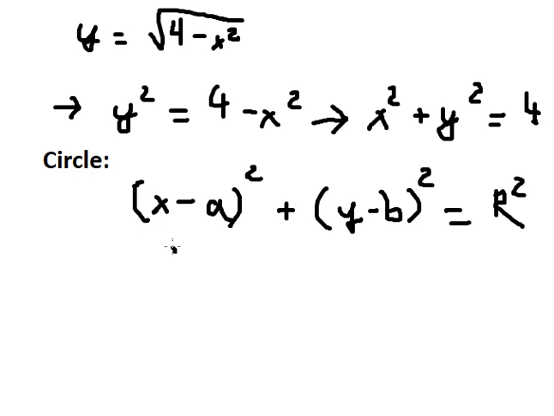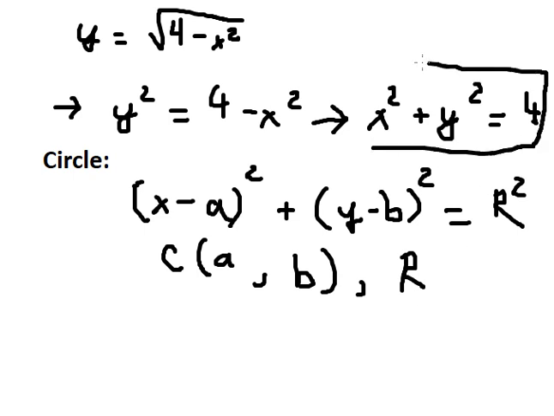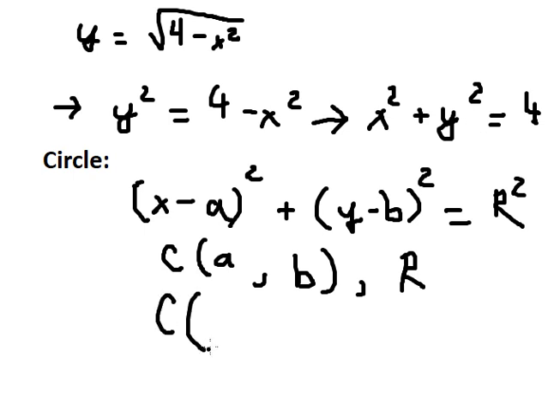The center is (a, b) and the radius is r. If we look at this equation, we see that we don't have values a and b. That means the center is (0, 0) and the radius is 2, because 4 is 2 to the power of 2.